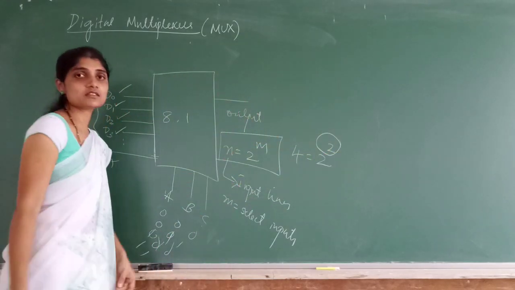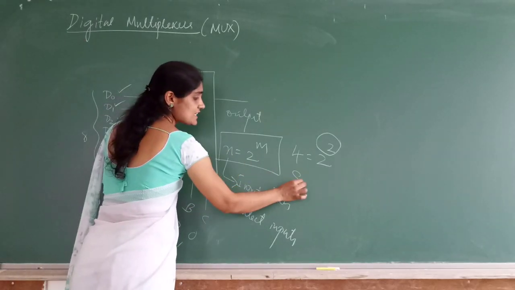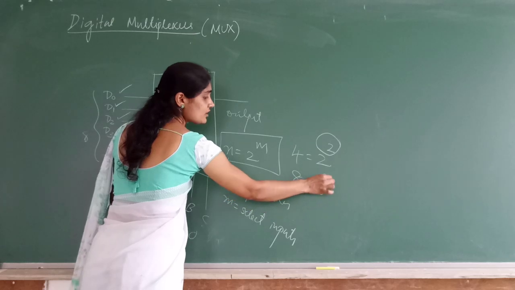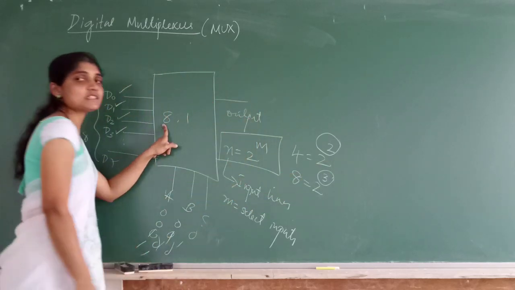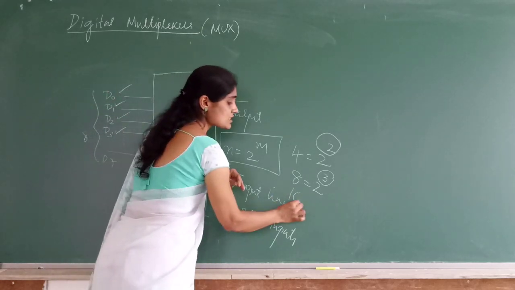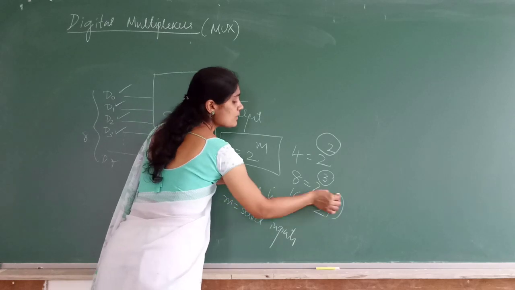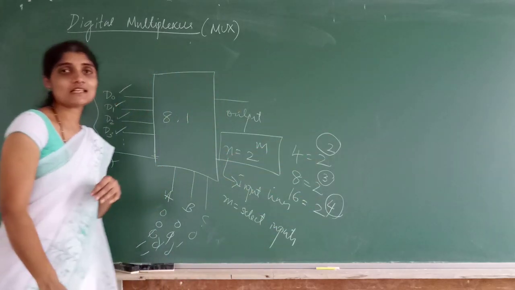For an 8:1 mux, n is 8, 8 is equal to 2 power 3, so 3 select inputs. For a 16:1 mux, 16 is equal to 2 power 4, so minimum we need 4 select inputs.